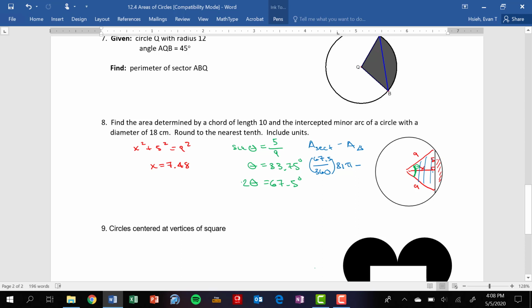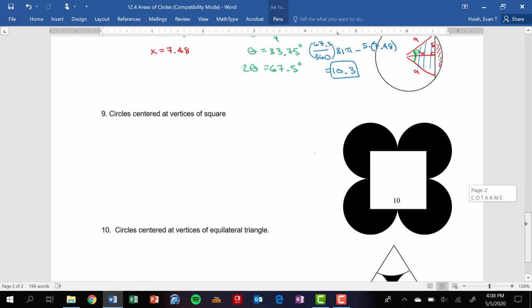And so I can do 5 times 7.48, right? And so ultimately this simplifies, I believe, if I round it just to the 10th, to 10.3 approximately. Okay, and then let's see if there's any other problems down here.